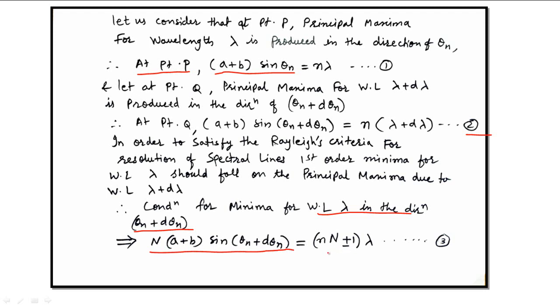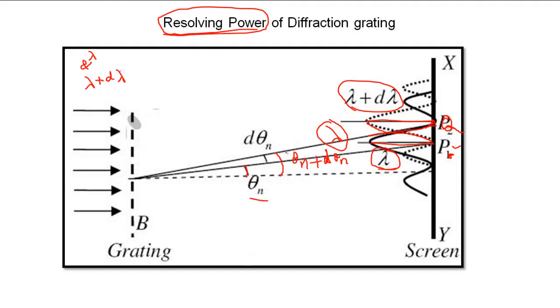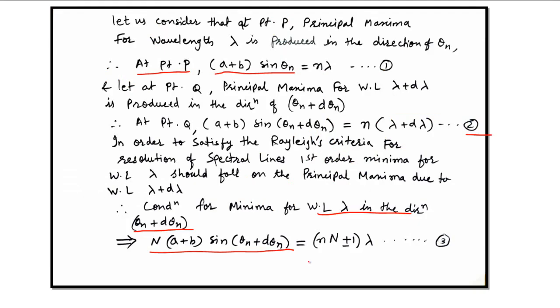But here m cannot take the values which are either 0 or integral multiple of N, because otherwise it would satisfy the condition for principal maxima. Therefore the condition for minima will become N (a plus b) sin of (theta n plus d theta n), because this is the direction along which first order minima is produced, and it should be equal to, now instead of m, I choose the value n N plus minus 1, times lambda.